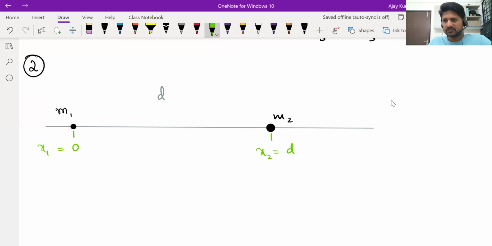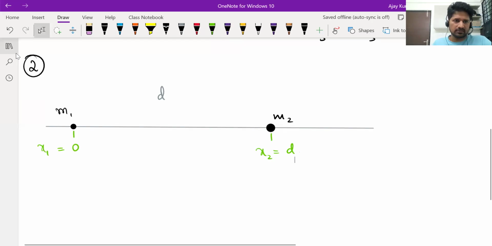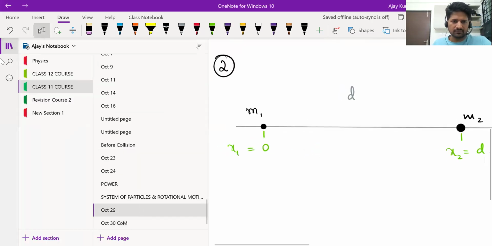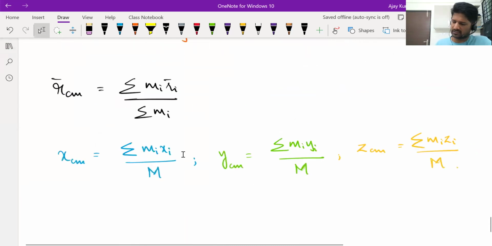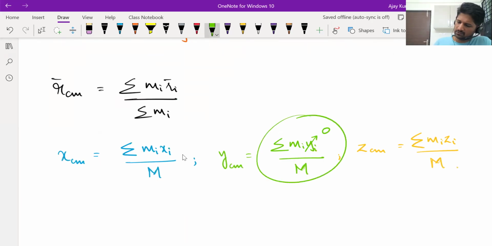If the particles are lying on the x-axis, it means their y coordinates are 0, z coordinates are also zeros. Now from what we discussed yesterday, or basically from the definition of center of mass itself, if all the y coordinates are zeros, then the y coordinate of center of mass will also be 0.